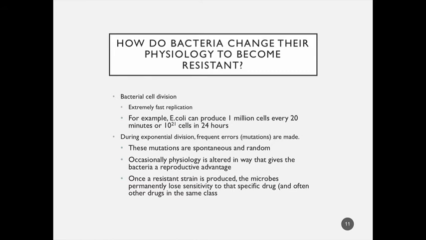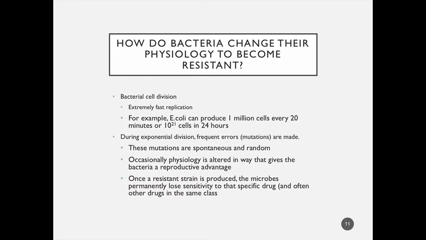So once the mutation has resulted in a resistant strain, meaning the microbe is resistant to the medication, it's gained something that makes the medication ineffective, essentially, then the microbes are going to permanently lose sensitivity to that specific drug.